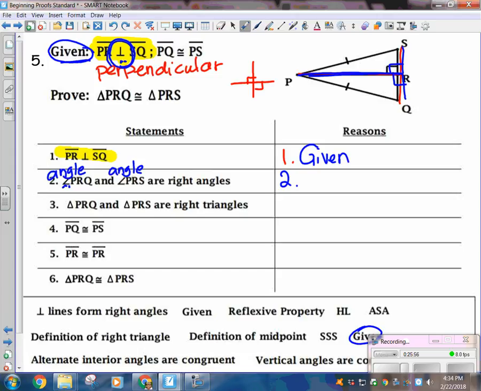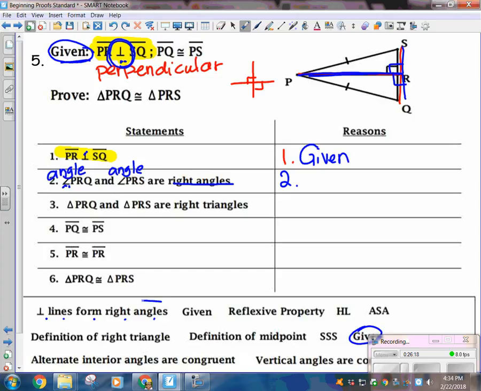Now, let's go through our definitions. This is a 6-step proof. Which one of our choices in our word bank down here is going to be the best reason why we would be able to go from perpendicular to right angles? Okay. All right, I got the first one. Perpendicular lines form right angles.